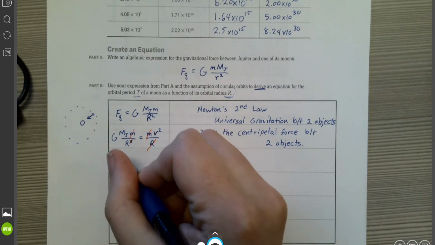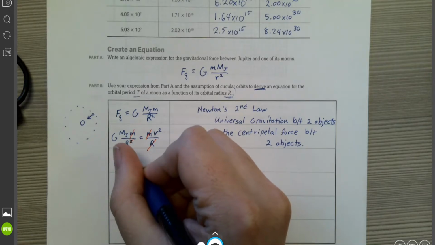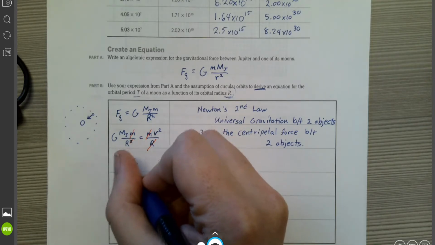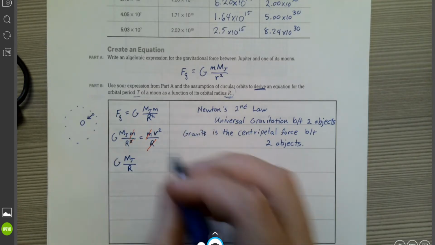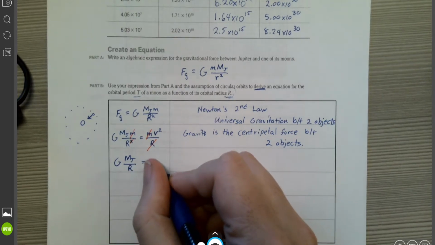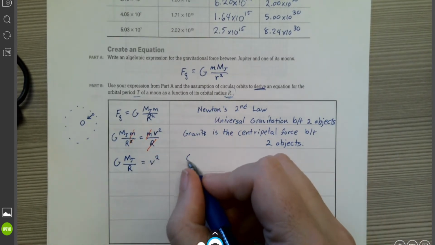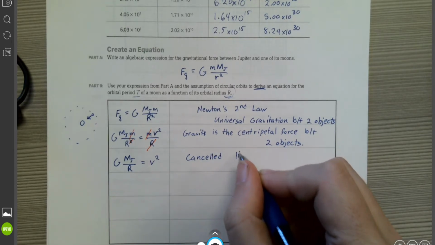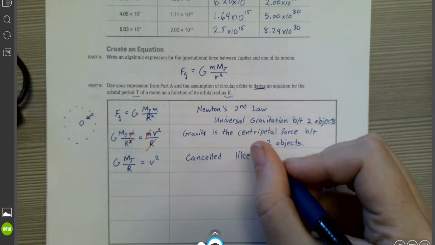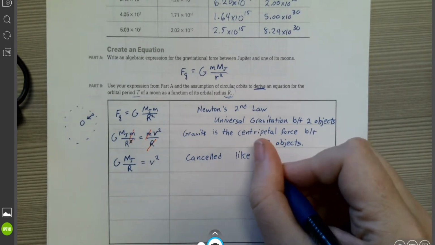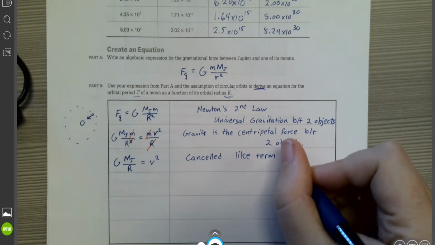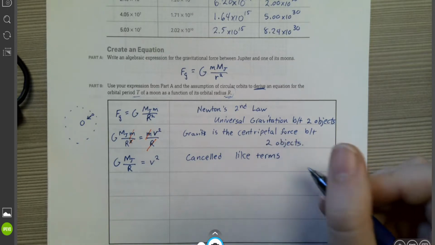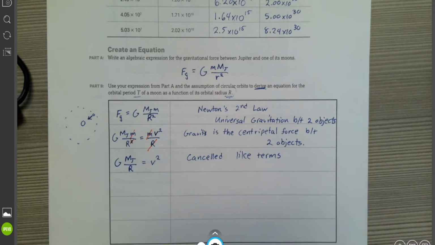So let's write what's left over. G times the mass of Jupiter divided by just one of the radius and not the other is equal to the velocity squared. So what did we do? We canceled out like terms. Or you could just say that we canceled the mass of the moon and the radius. If you're more of a math teacher person, you could say that they canceled out like terms, and that would work out just fine.